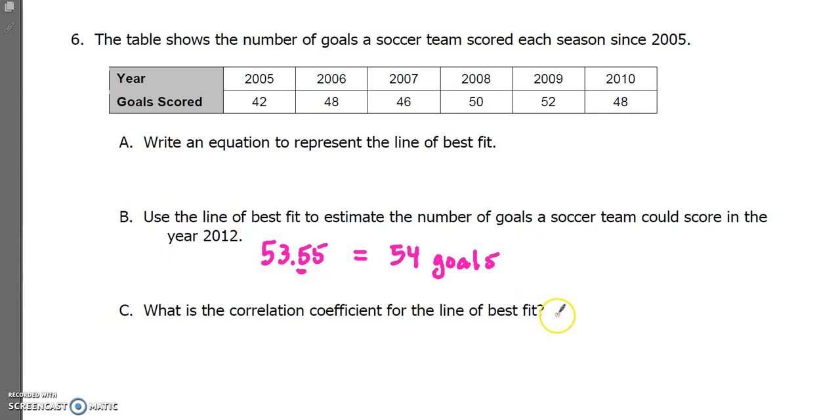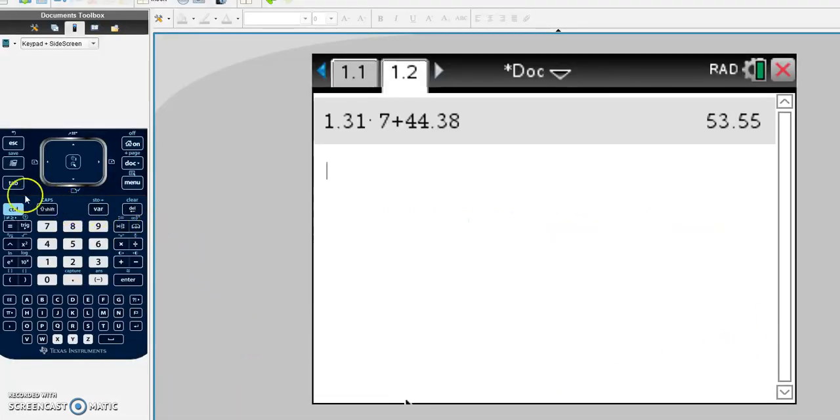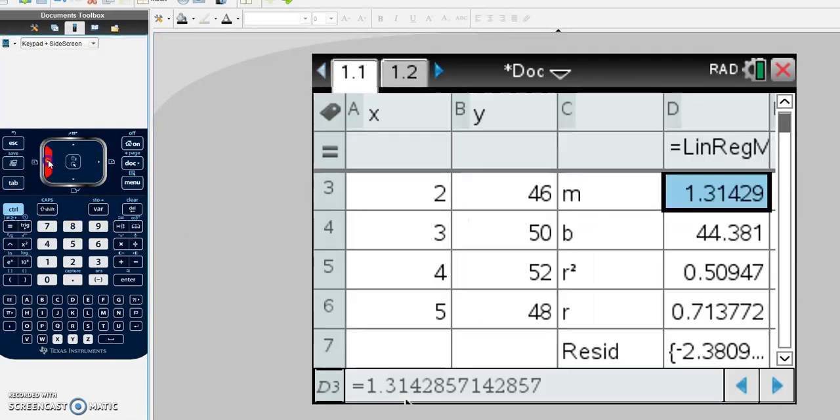The other thing it said, what is the correlation coefficient for the line of best fit? Okay, so again, that means we need to go back to the calculator. So let me flip back to there. And let me go back to the page we were on before, and I'm looking for the R. Remember, the R is our correlation coefficient.